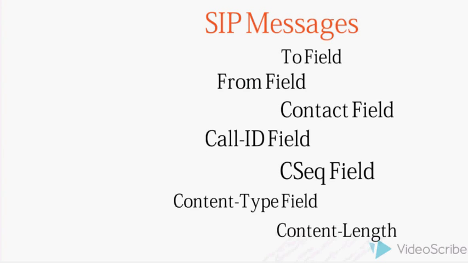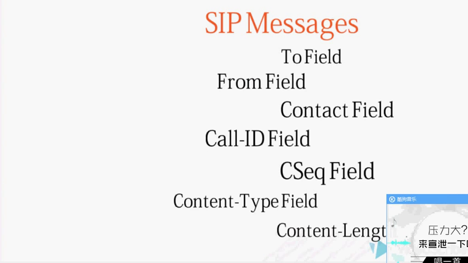VoIP networks using SIP identify users with identifiers that are no more secure than an email address or web URL. Specifically, SIP URIs, Uniform Resource Identifiers, identify a SIP user agent in the form of sip:user@domain.com.